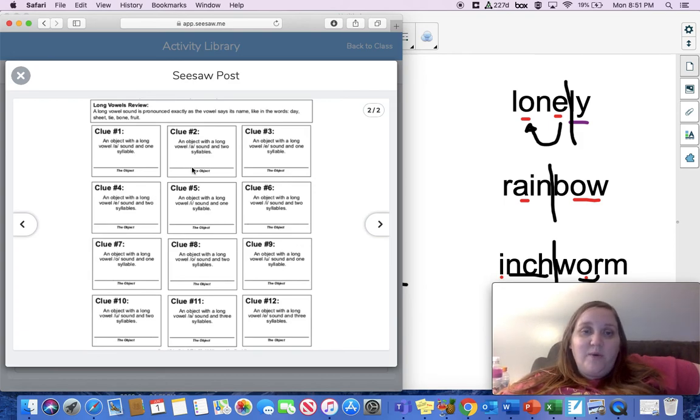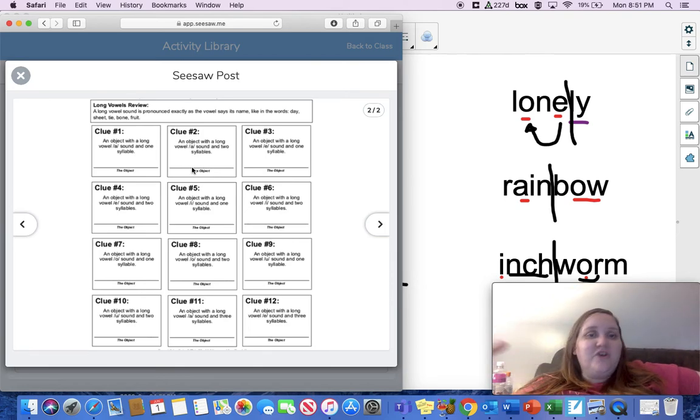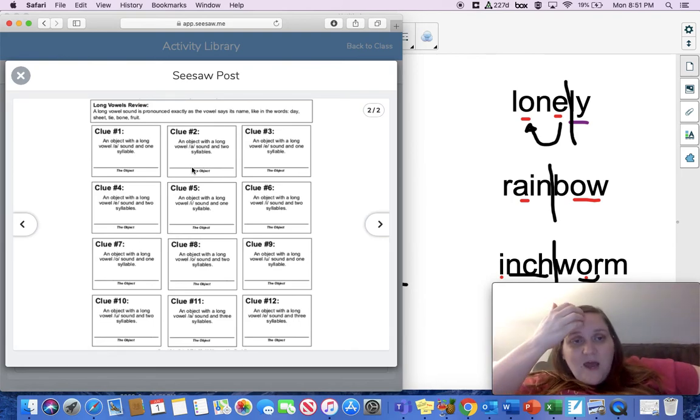And then you're going to find each of the long vowel sounds with two syllables, okay? You're just looking for items around your house. So an object with a long vowel A sound and one syllable that I have around my house, cane, like if I had a candy cane. Two syllables might be table, okay?